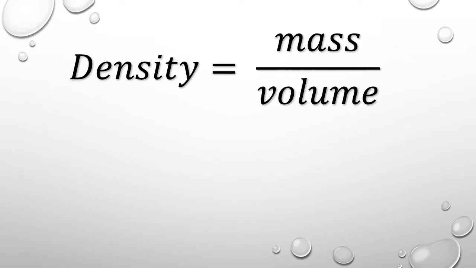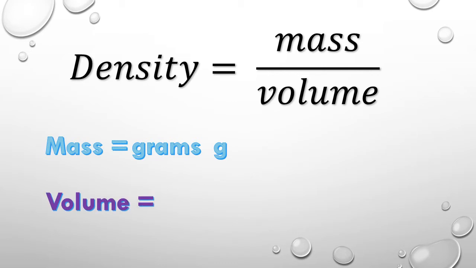Density is a ratio of mass to volume. Seems easy enough, right? Well, you can use this as your formula, density equals mass divided by volume, or you could just follow your units and make sure your units are where they belong. See, mass has a unit of what? Well, if you guessed grams, you're spot on, and the symbol we use for grams is g.